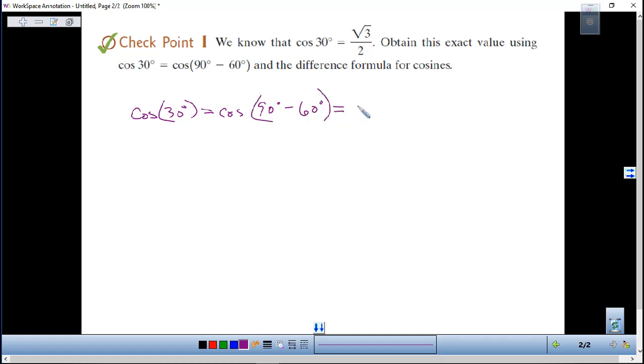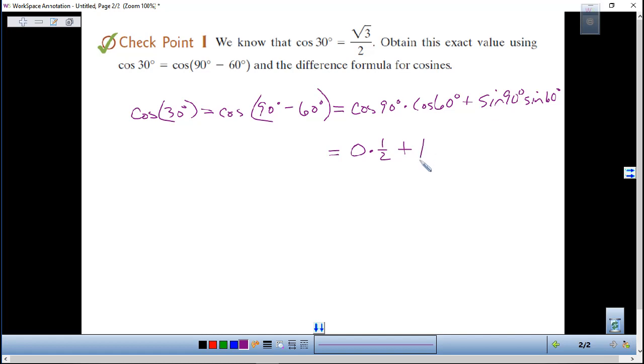So that means we're going to have cosine 90 degrees times cosine 60 degrees plus sine 90 degrees sine 60 degrees. Now the cosine of 90 degrees is 0. Cosine of 60 is going to be 1/2, even though it doesn't matter because it's times 0, so it's going away.